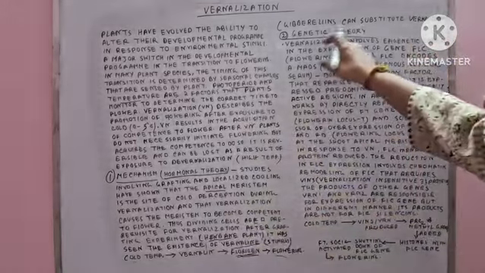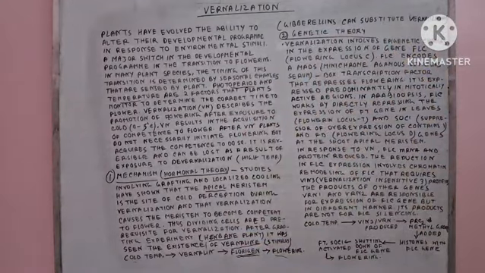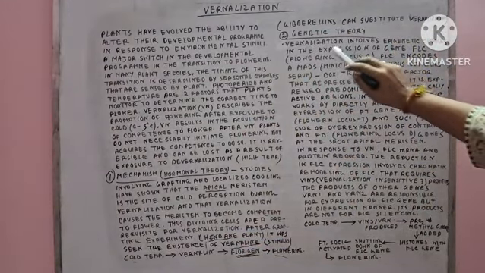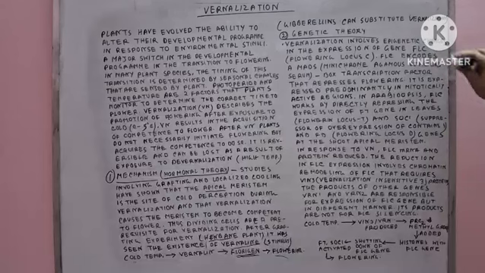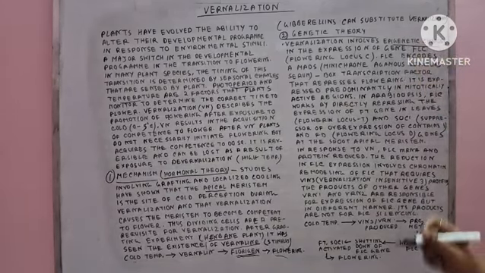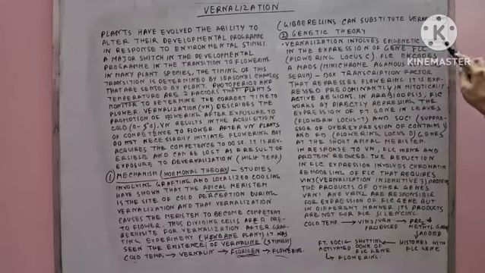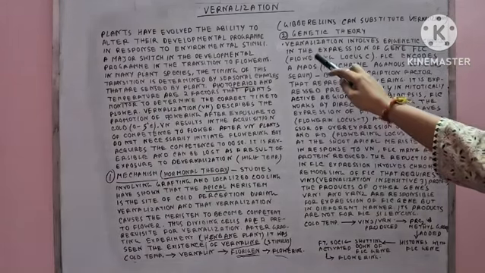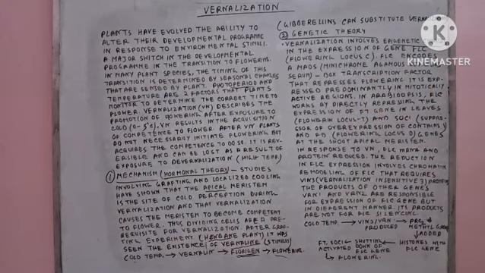Another important theory is the genetic theory. This says that vernalization involves the epigenetic changes in the expression of the gene FLC. Epigenetic changes of which gene? FLC gene. FLC gene is the flowering locus C gene.